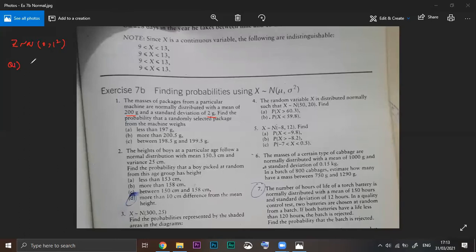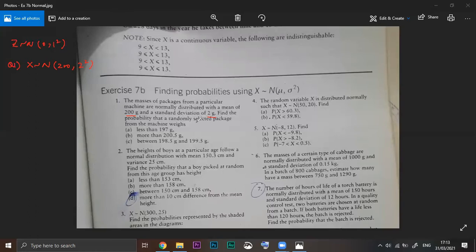We cannot denote this distribution with z. We will denote it with x. X is a normal distribution with 200 comma 2 squared. Mean and variance are the parameters of this distribution. The mean is 200 and the variance is 4.